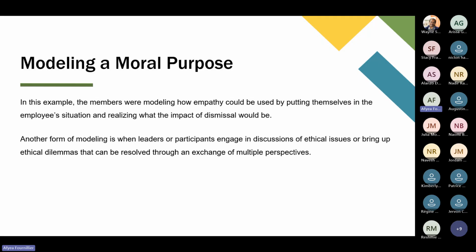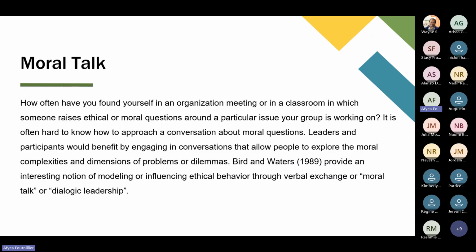Another form of modeling is when leaders or participants engage in discussions of ethical issues or bring up ethical dilemmas that can be resolved through an exchange of multiple perspectives. Moral talk. How often have you found yourself in an organizational meeting or in a classroom in which someone raises ethical or moral questions around a particular issue your group is working on?